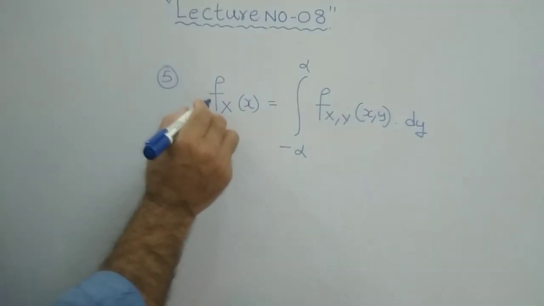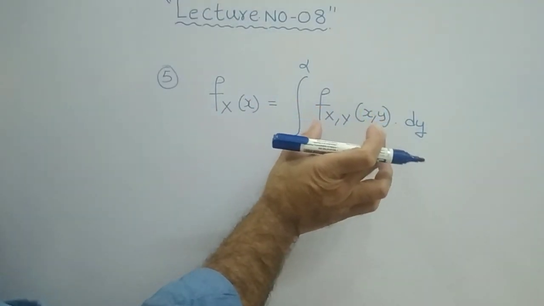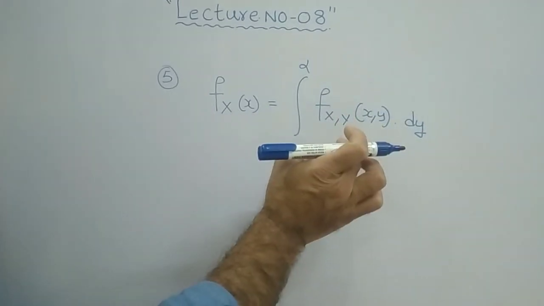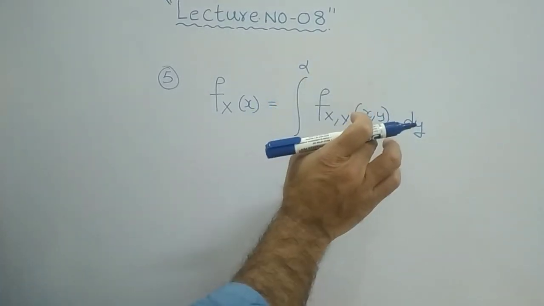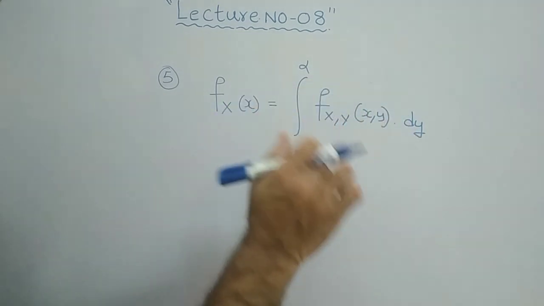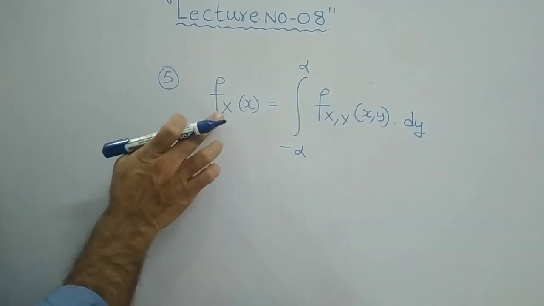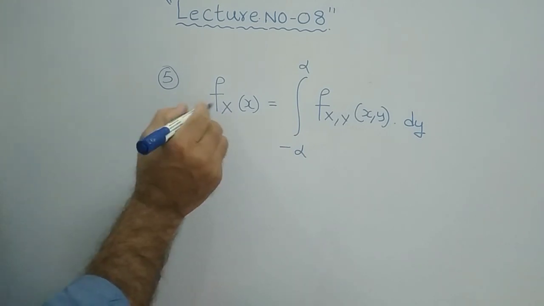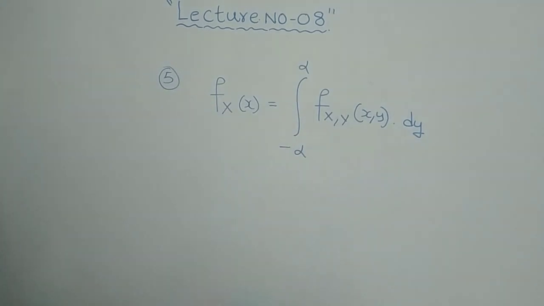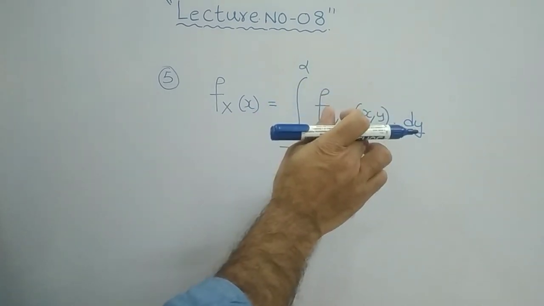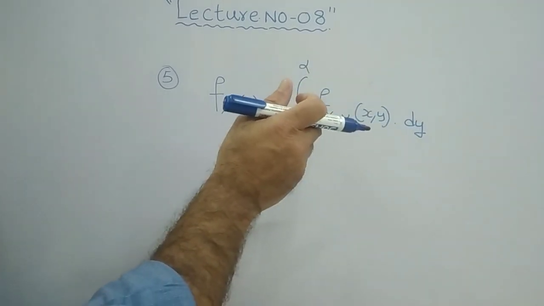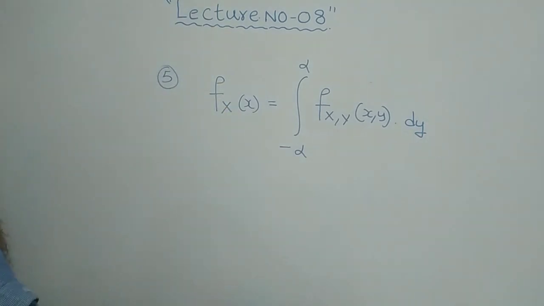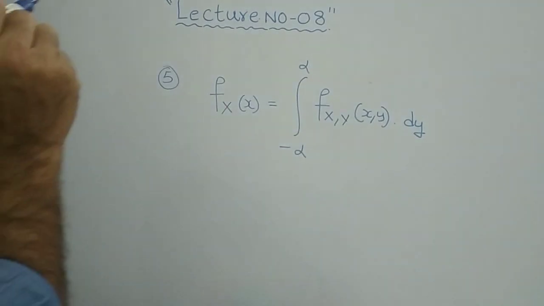If the joint PDF is given, clearly listen, from this joint PDF sometimes we need to find the individual PDF, meaning the individual PDF of random variable x itself. The joint PDF is given to you, and from that you will be asked to find this f of x of x.